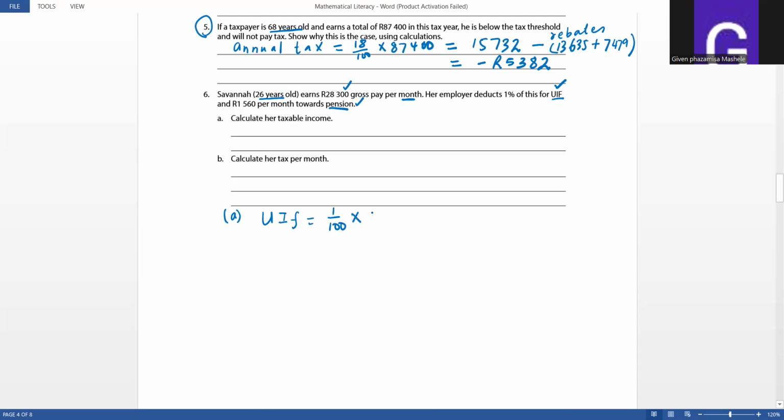The UIF will be 1% of this person's gross salary per month. So it will be 1 out of 100 times 28,300, because this one is a monthly salary. So you will contribute 283.